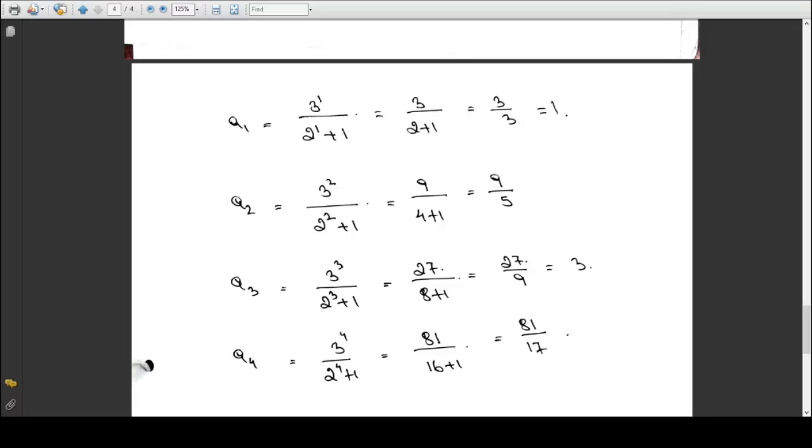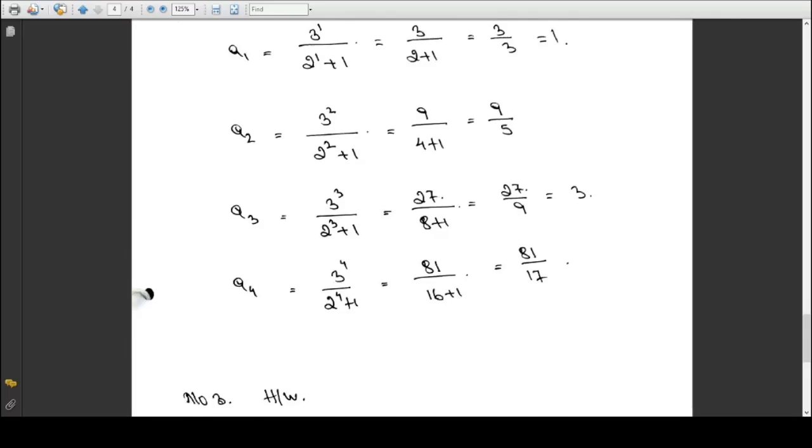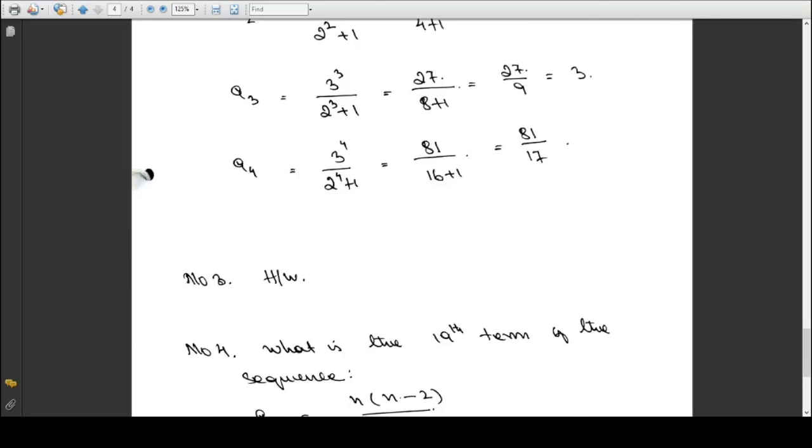Therefore the first 4 terms of the sequence are 1 as the first term, the second term is 9 by 5, the third term is 3, and the fourth term is 81 by 17. Okay, now number 3, you try to complete as homework.